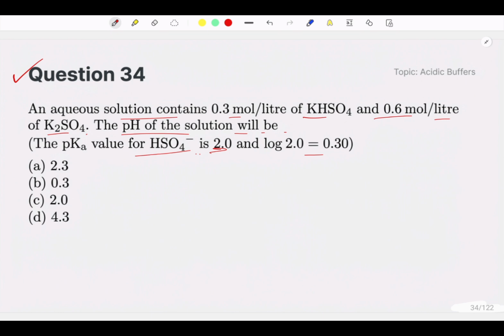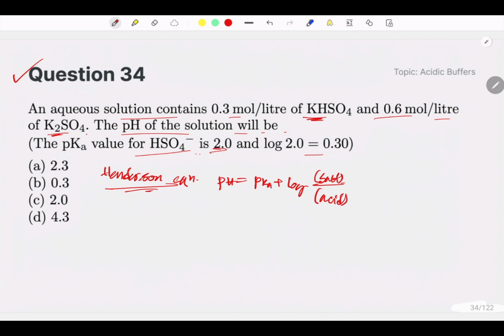a weak acid and its salt, so it will follow the Henderson equation. Here the pH of the solution equals pKa plus log of the concentration of the salt by acid.